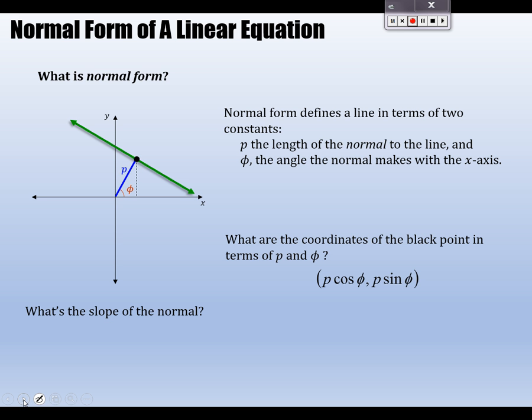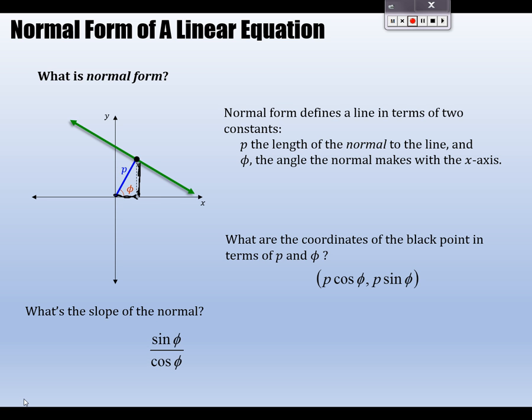The next thing I'd like to think about, just for fun, is the slope of the blue segment. Keep in mind that we just discussed at length what the rise and the run are, so to speak. So it's this thing over this thing. It's sine over cosine, or p sine phi over p cosine phi.